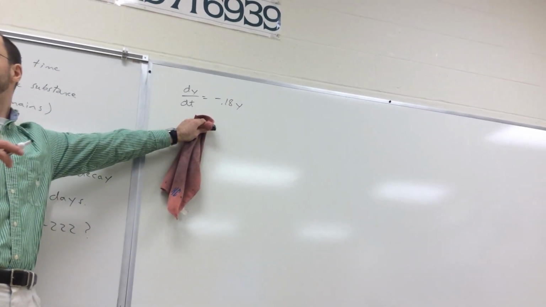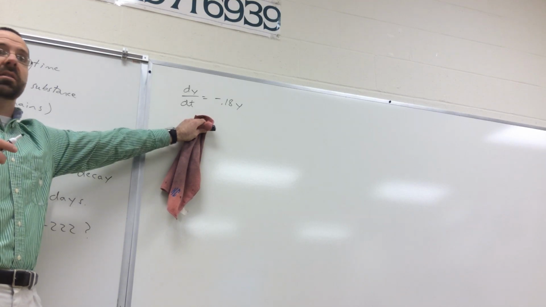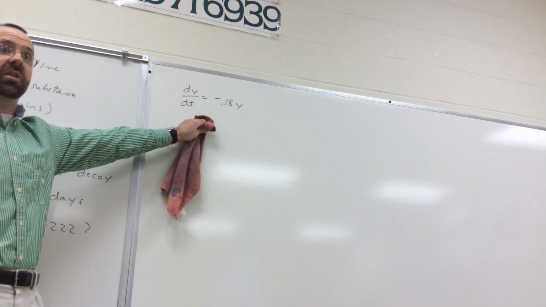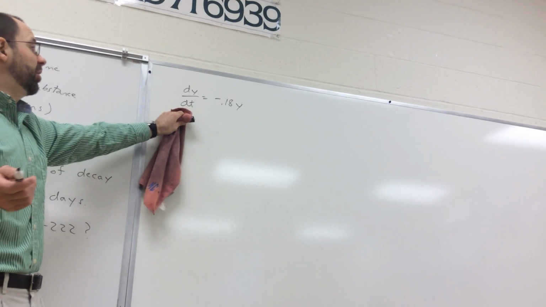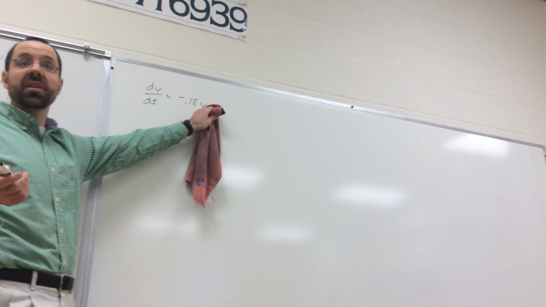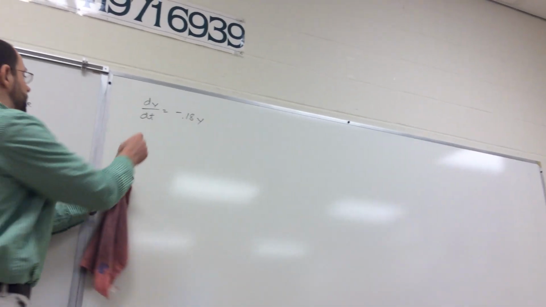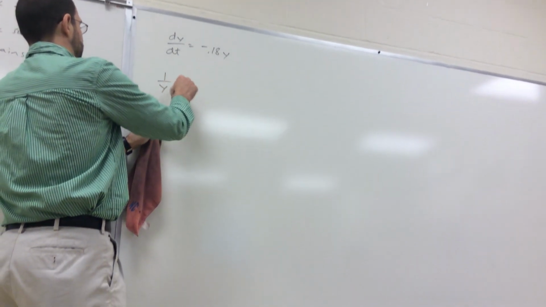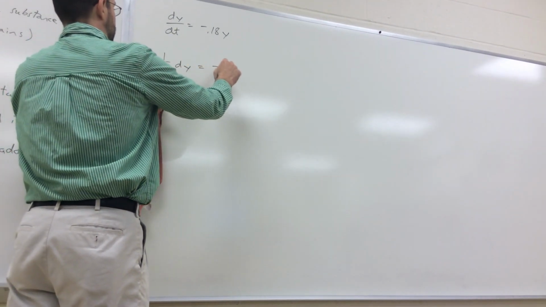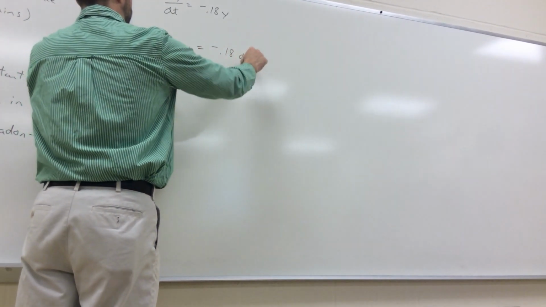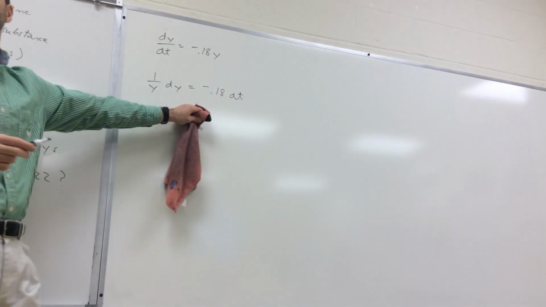So now we're going to separate the variables on this and figure out what the original y equation is. So I'll move the dt over and then divide the y over. So it'll say 1 over y dy equals negative 0.18 dt.